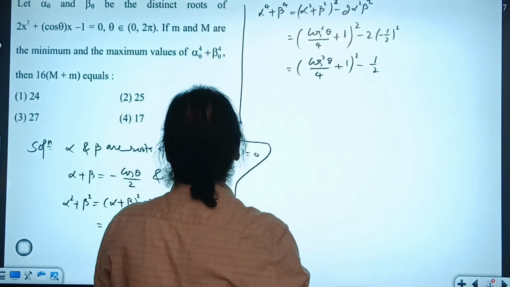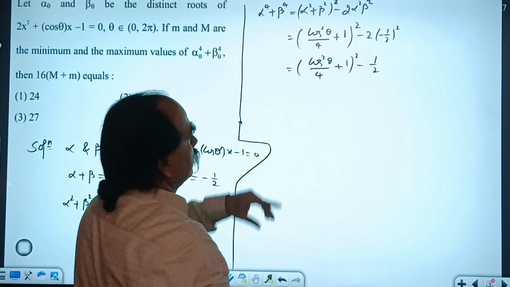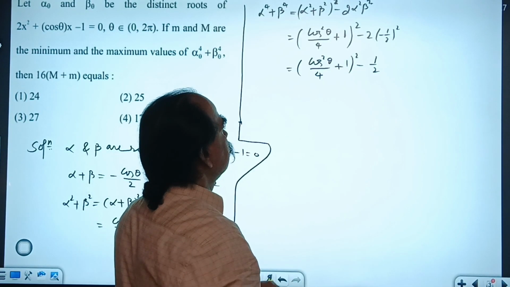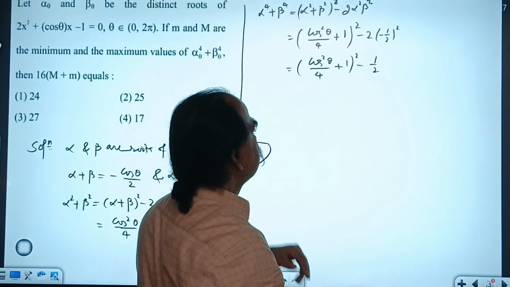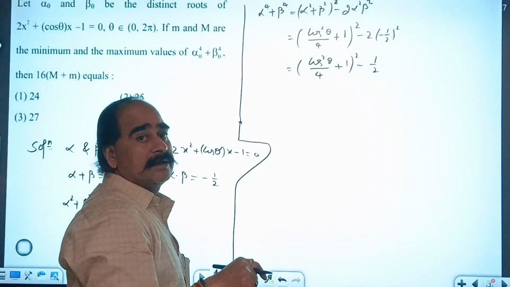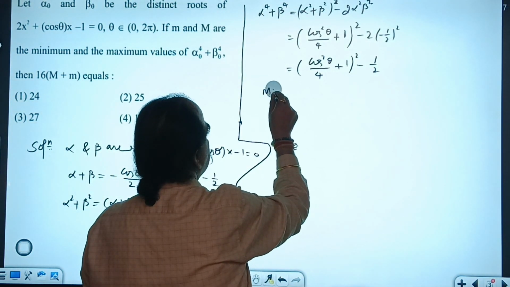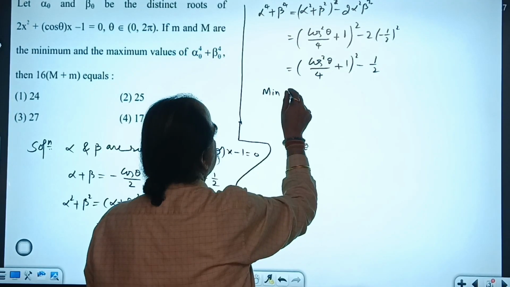Now small m is what? Minimum. This will be minimum when cos theta will be 0, because the square will be minimum. Min value of cos square theta is what? 0.